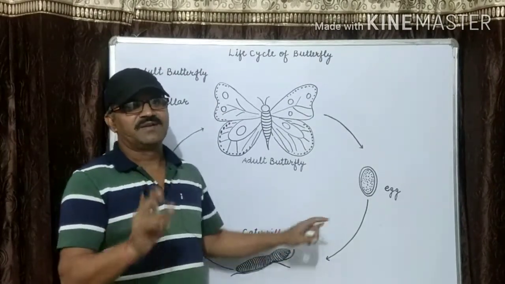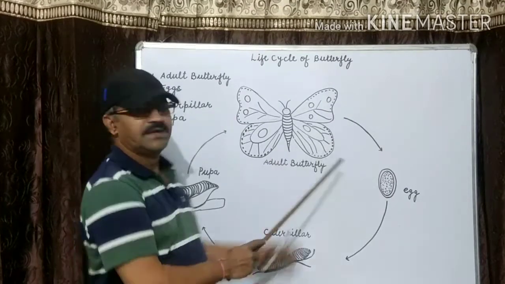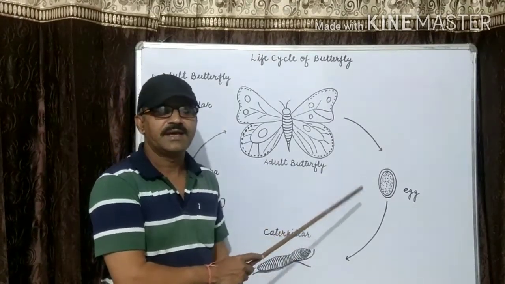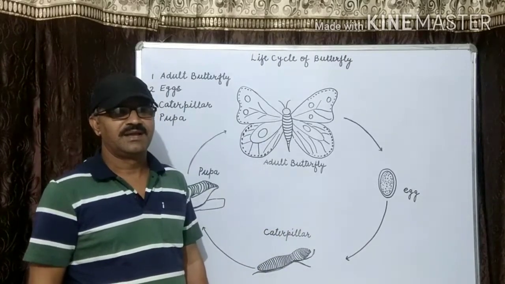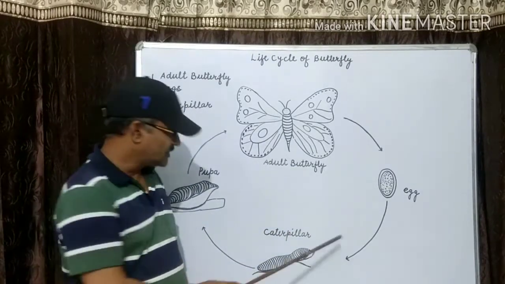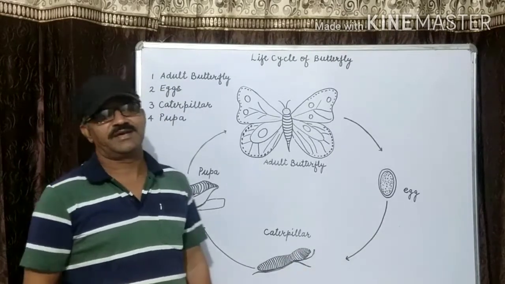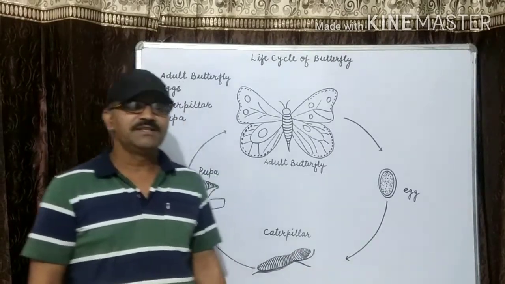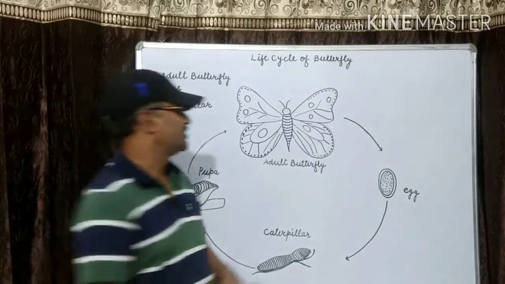These are metamorphosis. The female butterfly lays eggs in clusters on the upper part of the leaves. A larva that looks like a worm hatches out from the eggs. What do you mean by hatching? The baby comes from the egg is called hatching. Clear? Very simple definition.